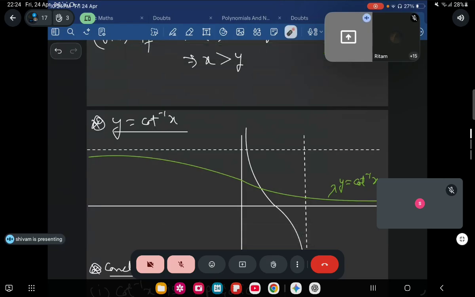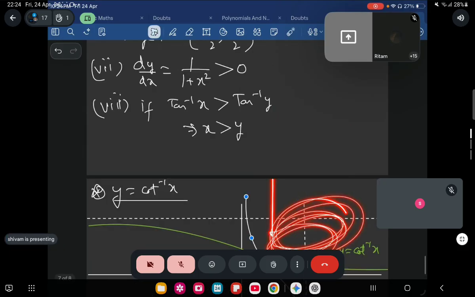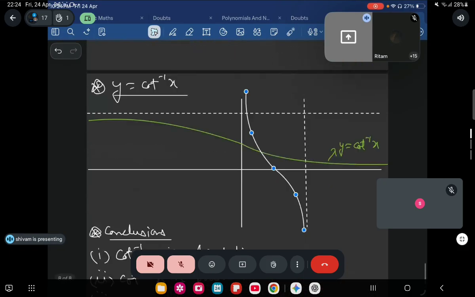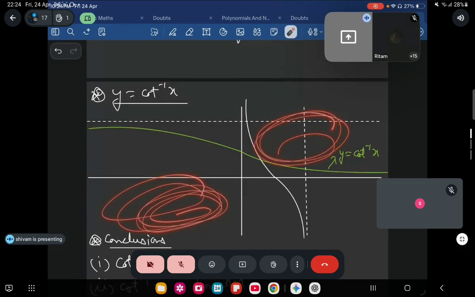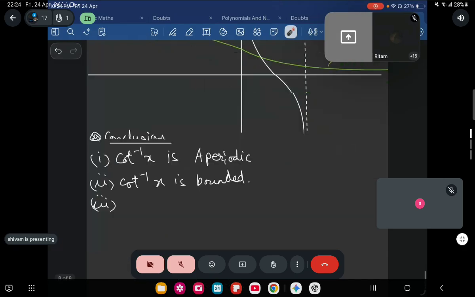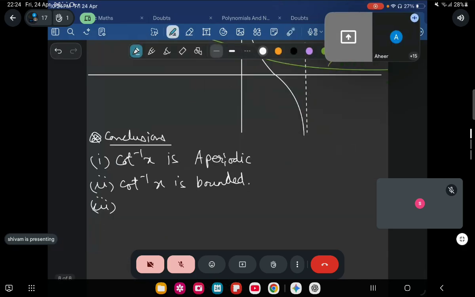Right, are you getting it? For an odd function, the graph in the first quadrant should be same as the graph in the third quadrant. Origin will act as a point mirror.